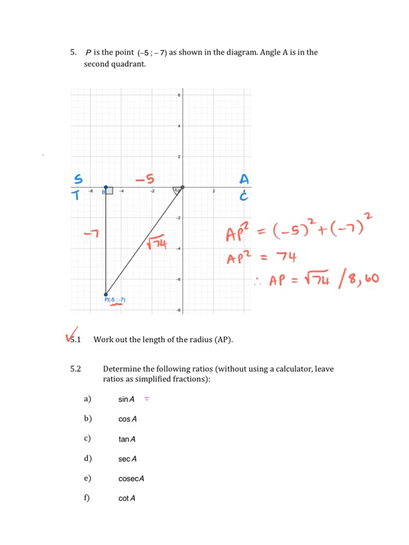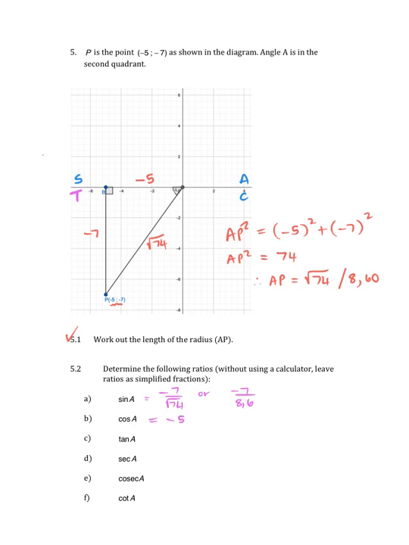All right, and I'm just laughing and thinking, oh my word, this is just the best. So sine of A from here, opposite over hypotenuse, or y over r. So that is negative 7 over root 74. Or if you wrote it as the 8,6, all good. And I'm happy because my ratio is negative, and I know that this is tan's quadrant, so sine should be negative. Cos of A, so I'm also expecting a negative answer.